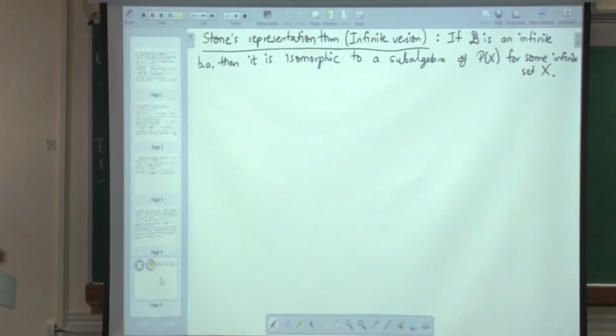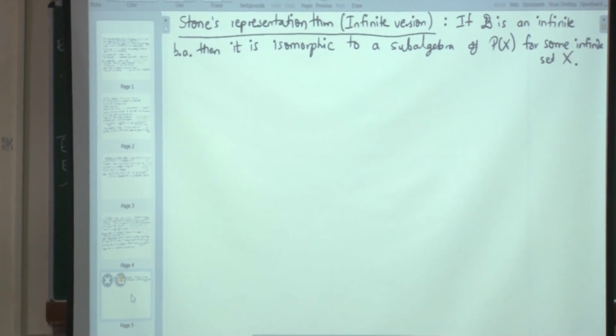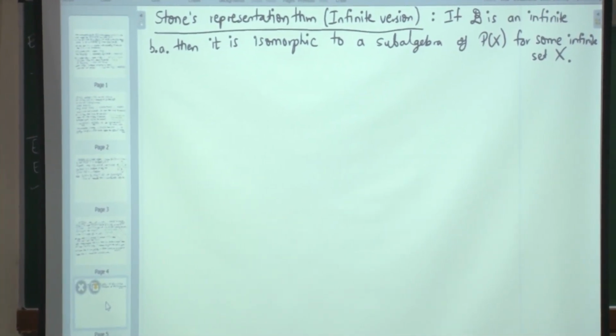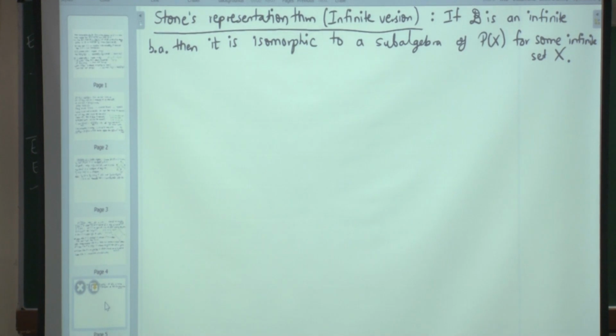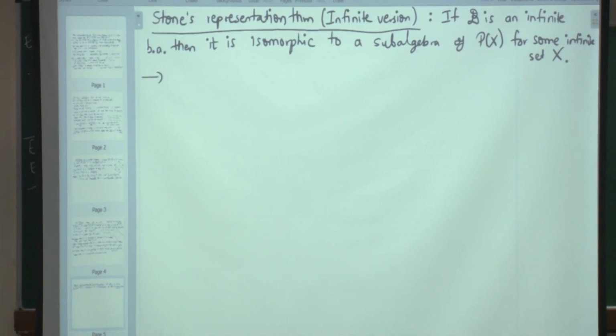But this is our set. Okay, so now we are ready to go and show this particular property. This is Stone's representation theorem, the infinite version. Now the proof here is very similar to our earlier version, but we don't prove surjectivity. We only prove it preserves order and it reflects order.